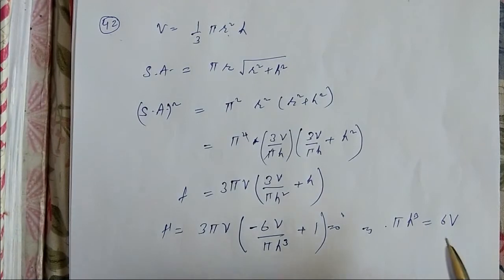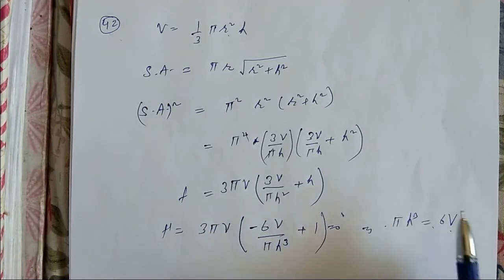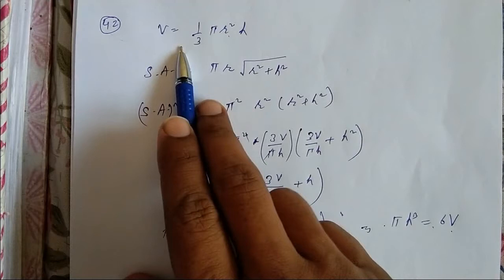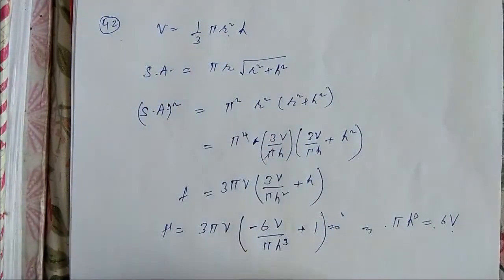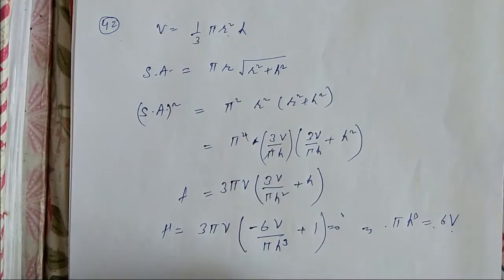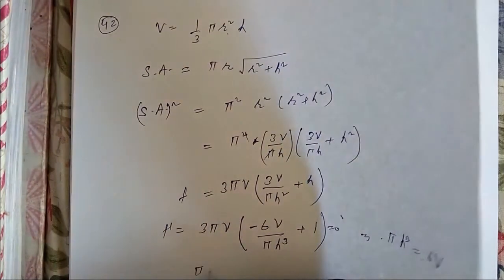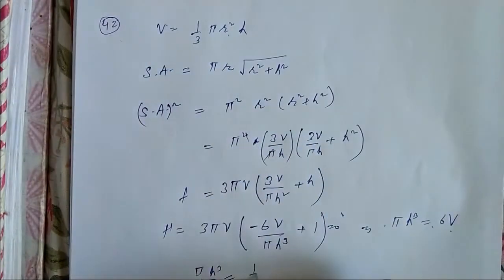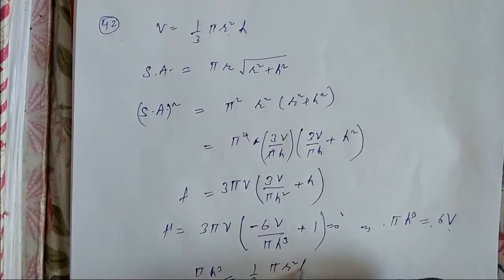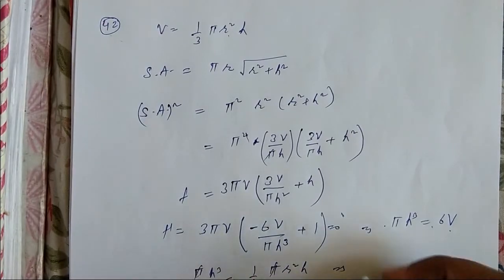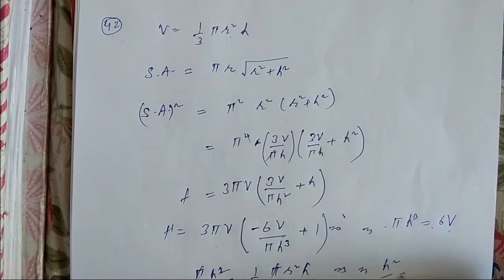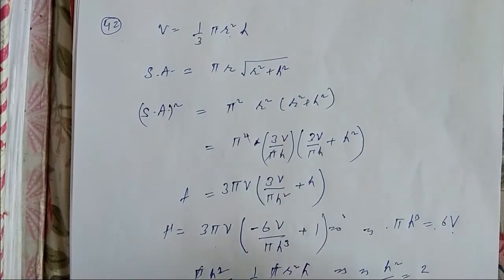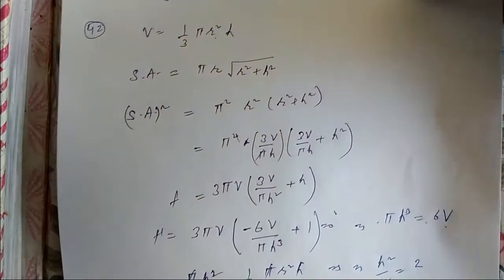Now substituting the value of V from this equation into this, we can obtain the ratio of H and R. So πH³ by 6 is equal to 1 by 3 πR²H. This implies H² by R² is equal to 2. And hence the height would be root 2 times the radius. Okay.